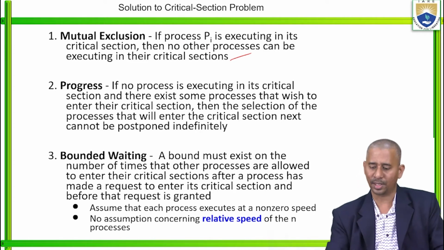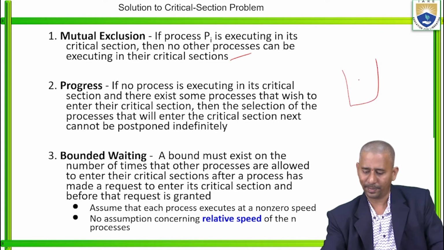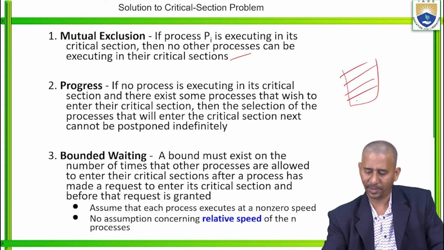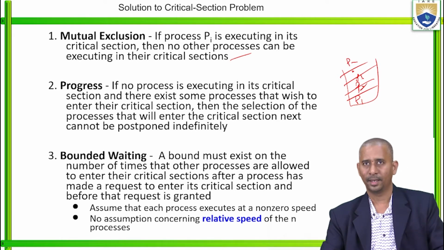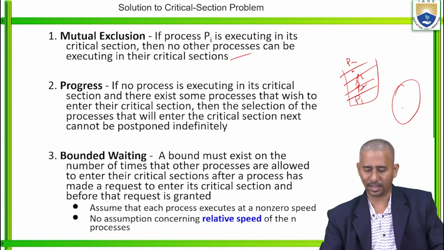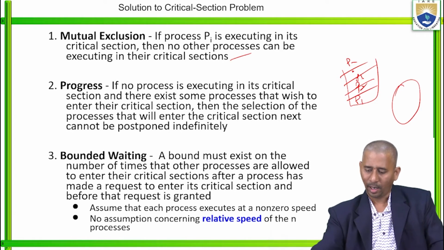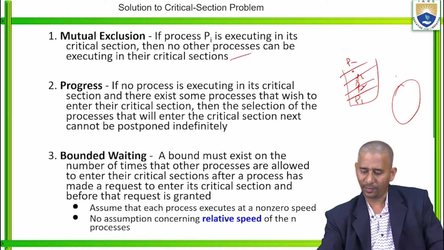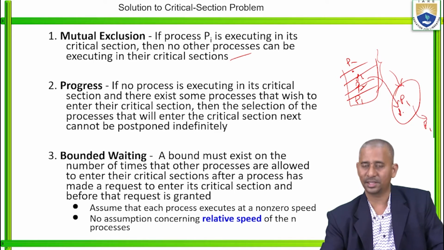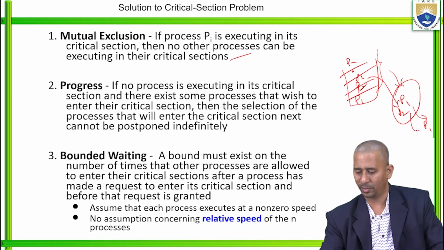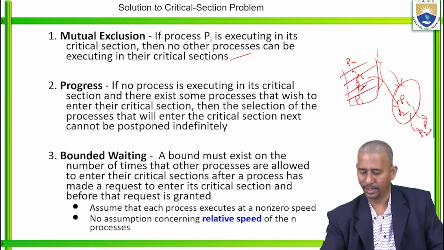We have n processes, P1, P2, P3 and so on up to Pn. Only one process runs at a time: if P1 is successfully completed, then the system allows P2, and if P2 is completed, then P3.